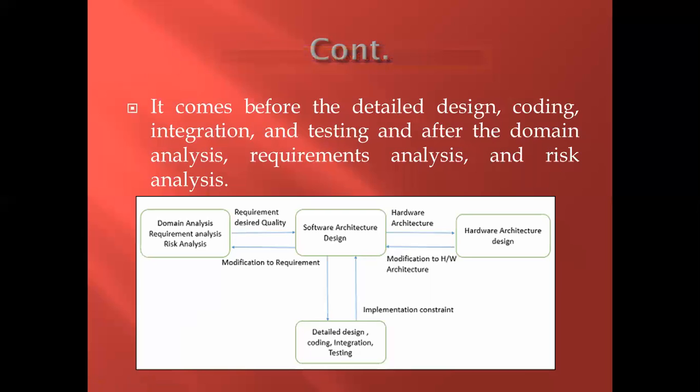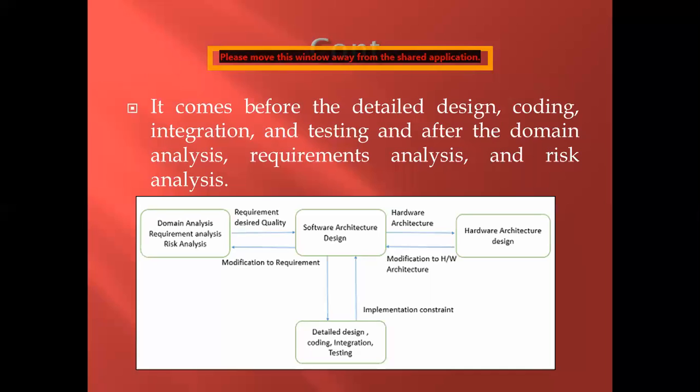Then we will also consider the risk analysis, because whenever we start to design any software, we always consider the risk beforehand, or how we can manage the risk. So we will do the risk analysis in the first phase also.